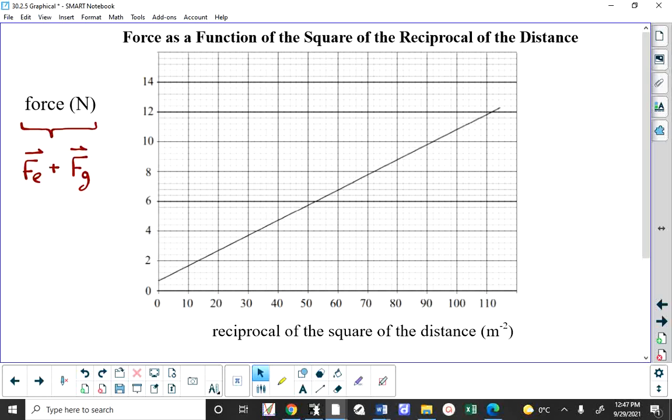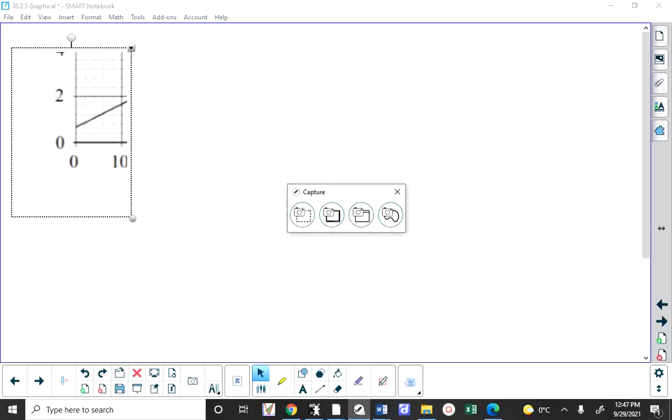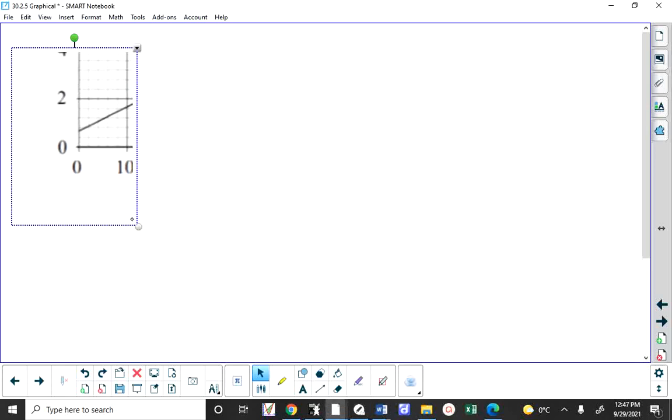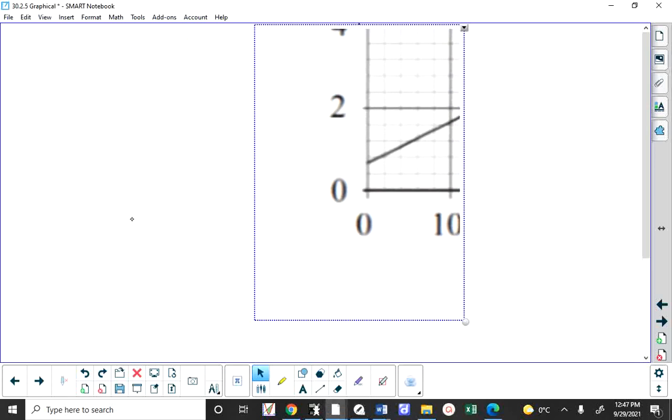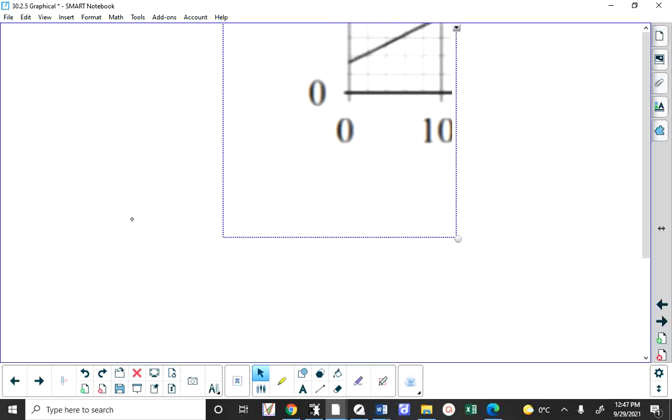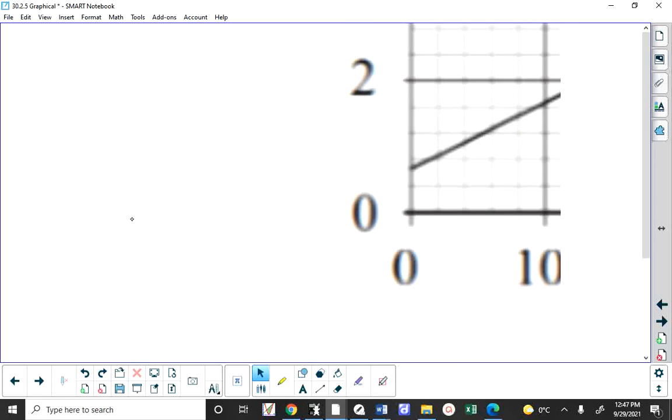So I want to make sure that everybody is on top of this. I'll wait for the computer to catch up. Every square vertically is 0.4. Every square vertically is 0.4. So I'm actually going to highlight some lines here because they're getting a little grayed out as I expand it.